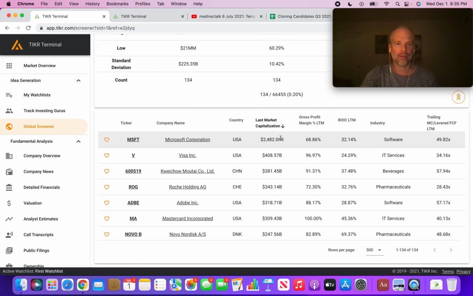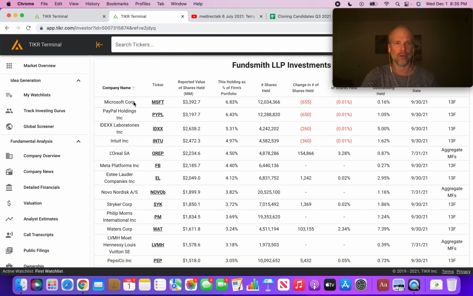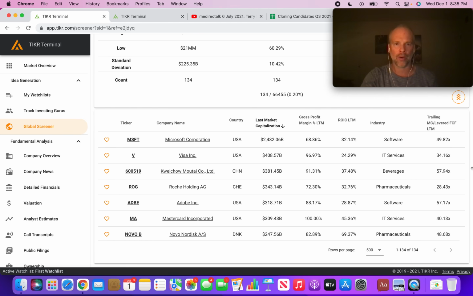So we've got Microsoft, which is the top holding in the Fundsmith portfolio. You see that right here, Microsoft Corp, 6.8% of the portfolio. Of course, you have Visa. Now you have Moutai coming out, which is about 58x market cap over levered free cash flow.